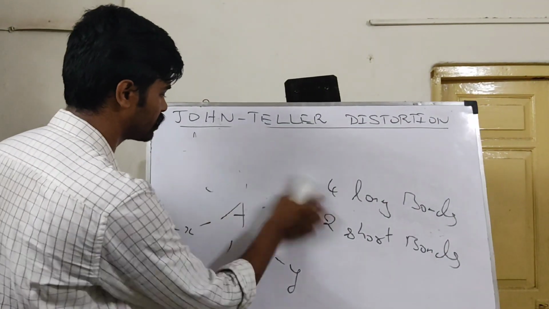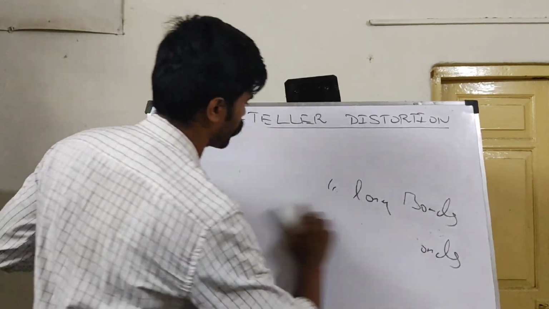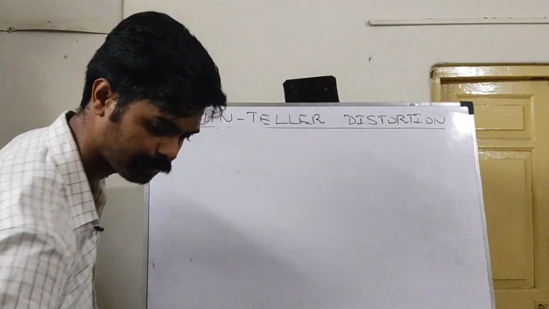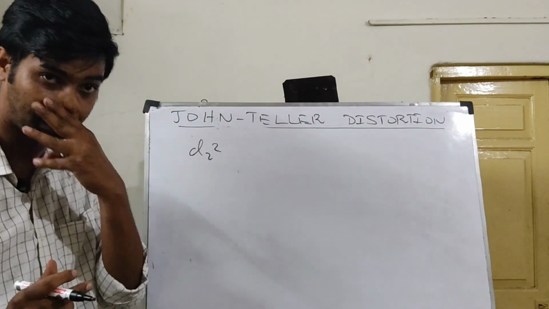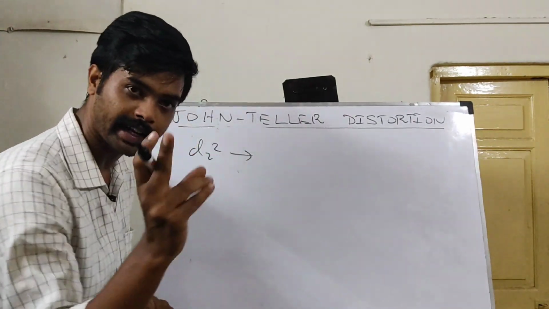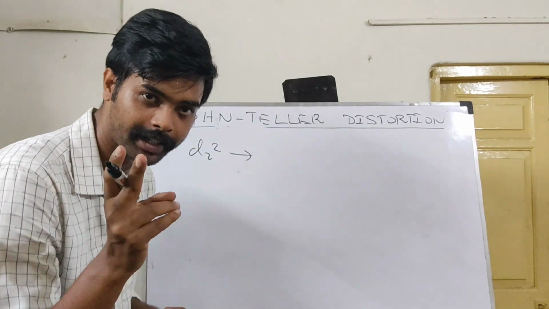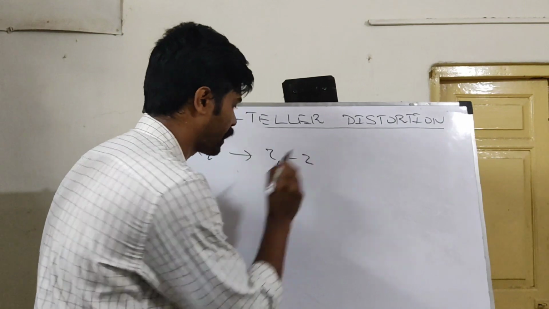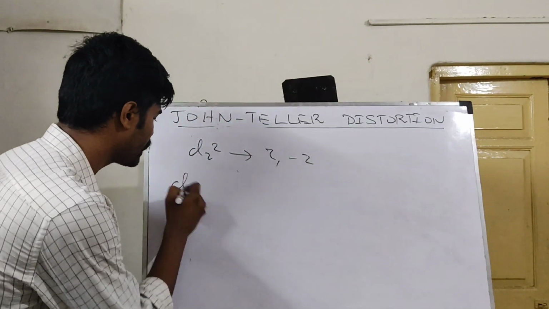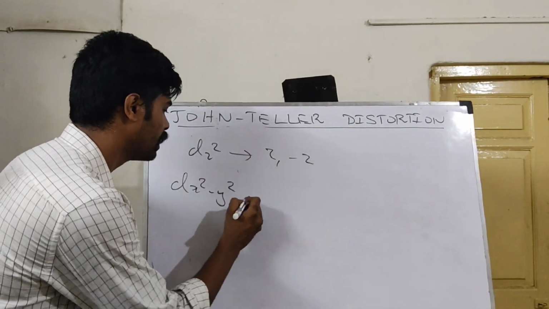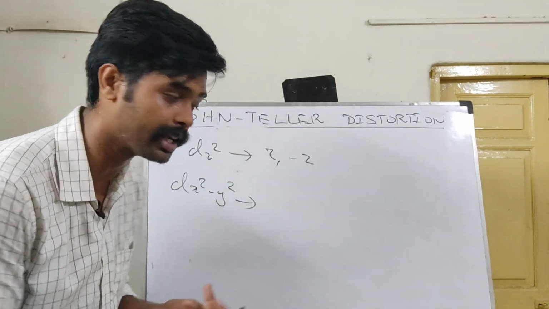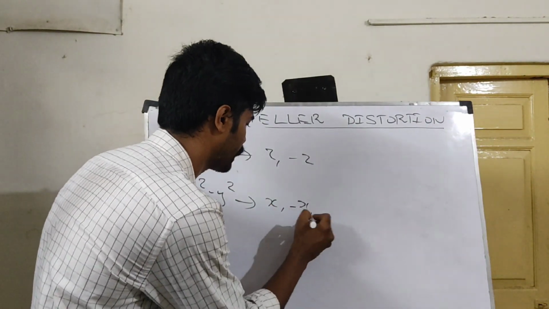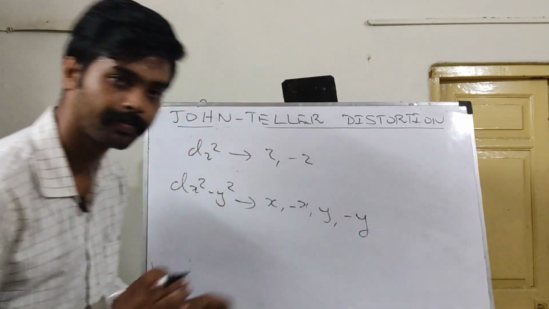Now let me take both these, dx squared minus y squared and dz squared. So if I take dz squared, there are going to be 2 directions of ligand approach which are going to get affected, that is z and minus z, right? Now if I take dx squared minus y squared, there are going to be 4 directions in which the amount of repulsion is going to increase, and we know what the directions are, x, minus x, y and minus y, right?